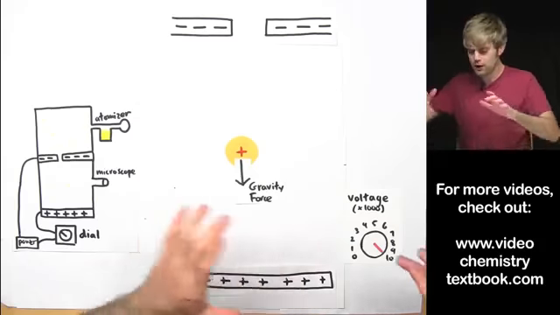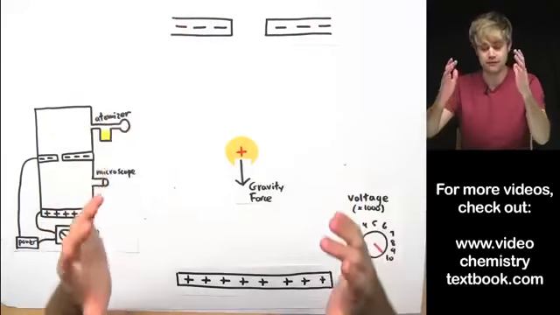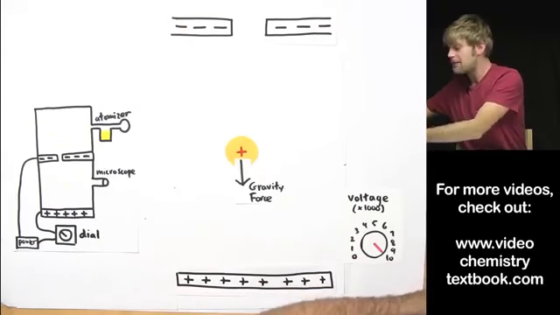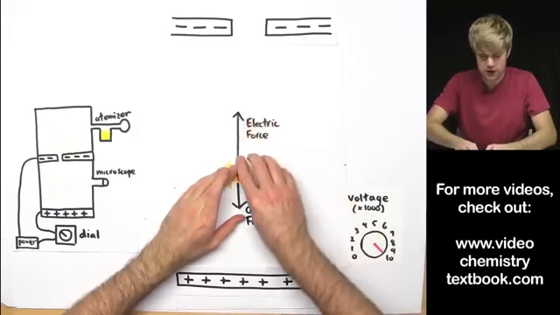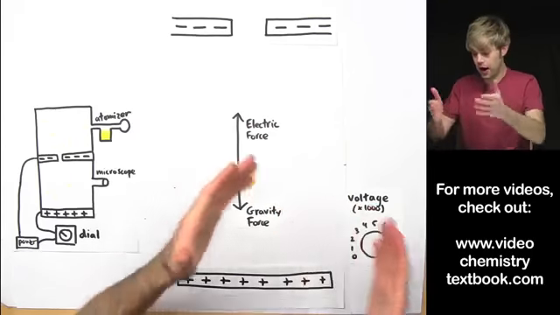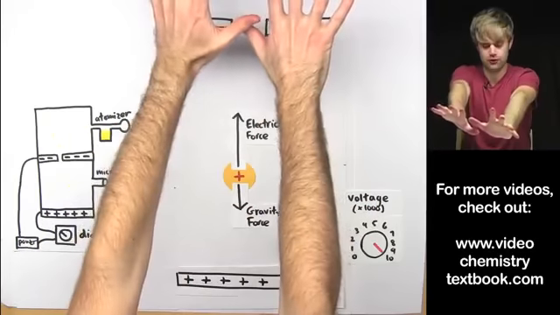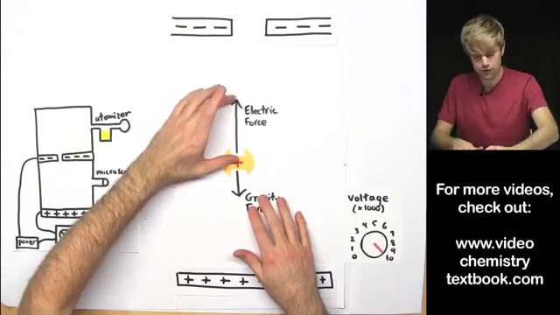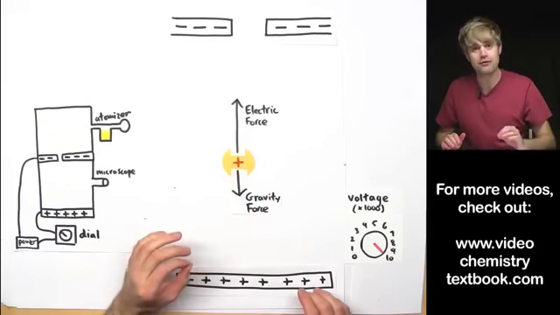Now, when the voltage is really high, there's a lot of power in these plates, so they have a very strong charge. And because they have such a strong charge, the electric force that's going to create on this drop is very big. High voltage, lots of power, big charge, big electric force. So the electric force, you can see, is really large here, and it's much bigger than the gravity force.